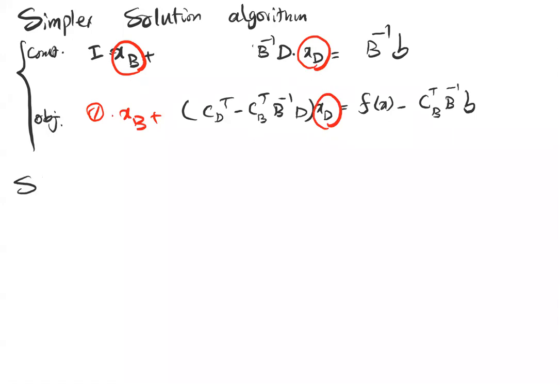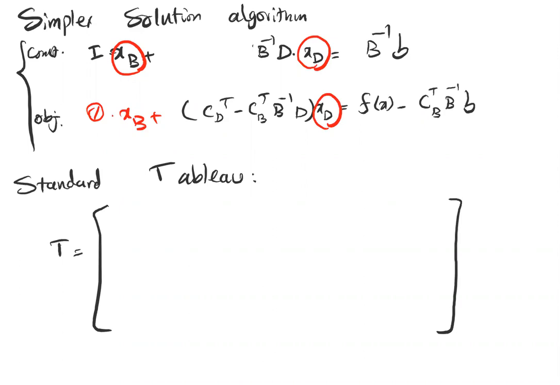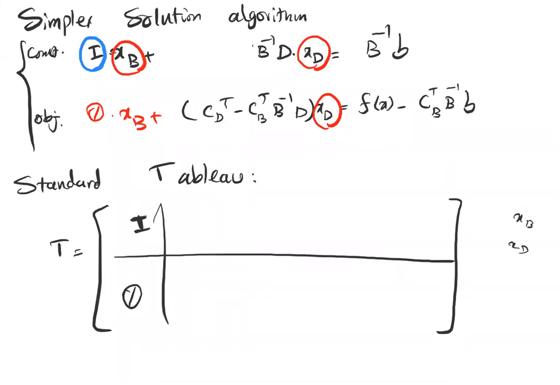So the standard Tableau, which is the first step for the simplex algorithm, is defined as here. Assume that here you have x base and xd. So we have I, which comes from here. We have 0, which comes from here.